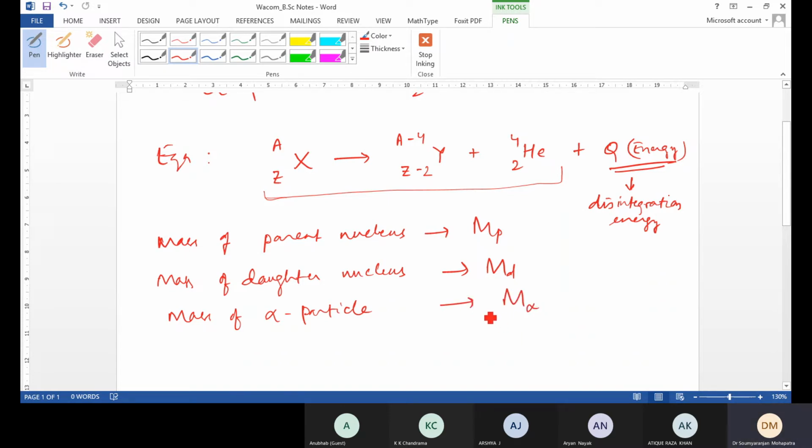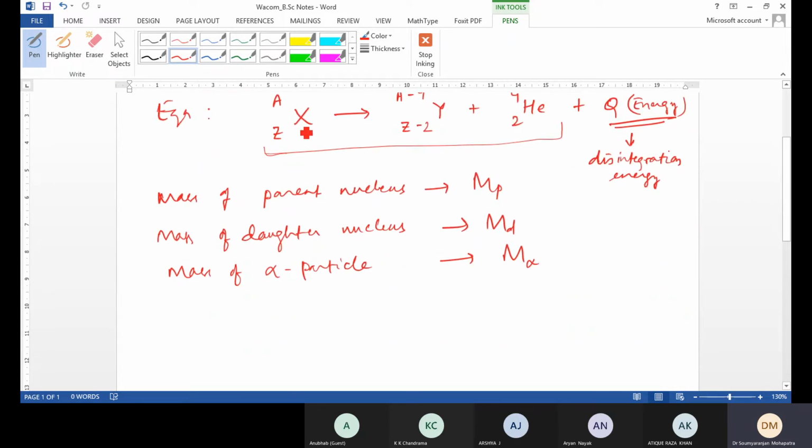Understood? Now, before X is converted to Y, suppose it is at this stage where it is not breaking down. In that case, the kinetic energy of this element X will be 0, because it has not disintegrated.